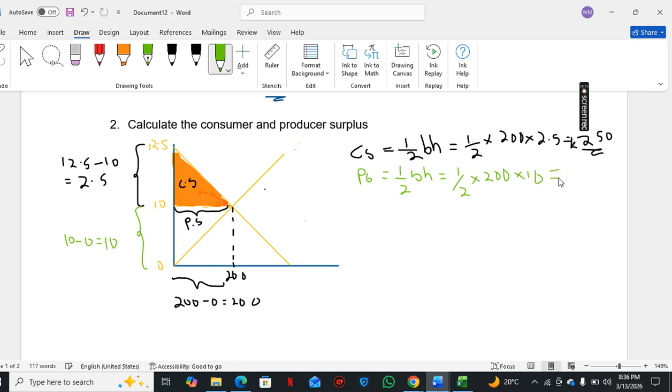The producer surplus should be 1,000 kwacha. Yes, it's 1,000. So colleagues, this is how you tabulate this using the graph.